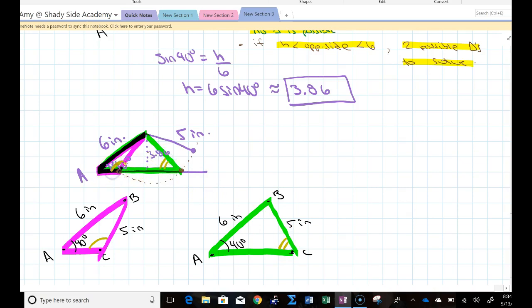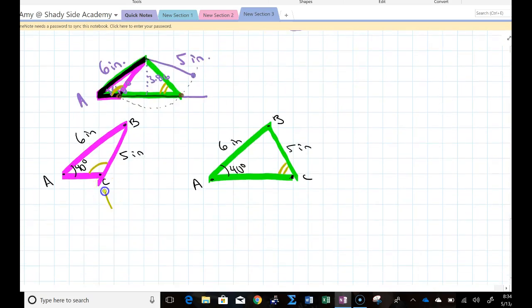Tell me what the relationship between this angle C and this angle C is. They are supplementary. The two angles C are supplementary, which means the two angles C add up to 180 degrees.